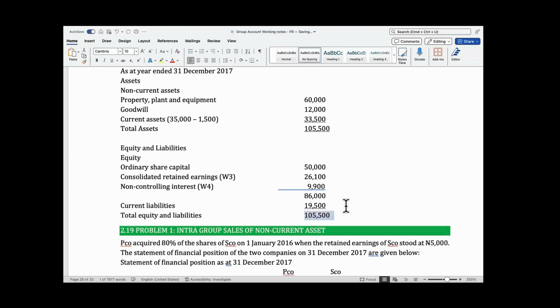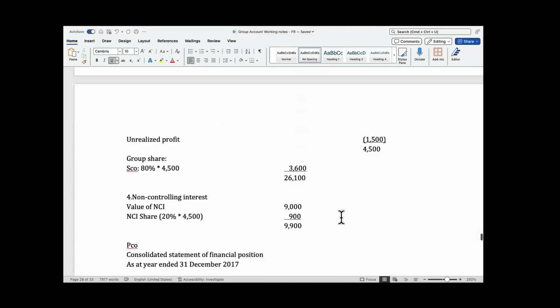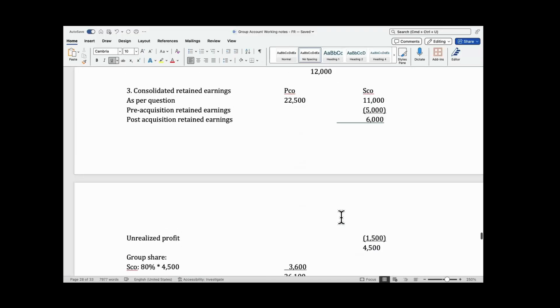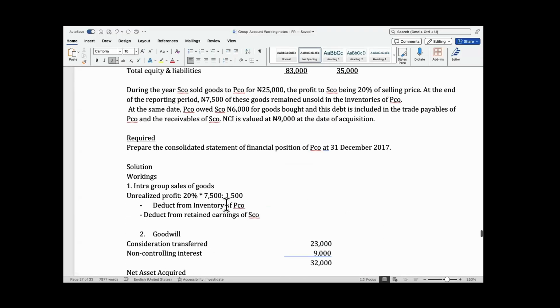Okay. So this is different. This is the same as the previous one. The only thing we are just learning here is this. The unrealized profits is to the extent of the unsold goods. Okay, sir, what about the remaining goods that are still remaining?